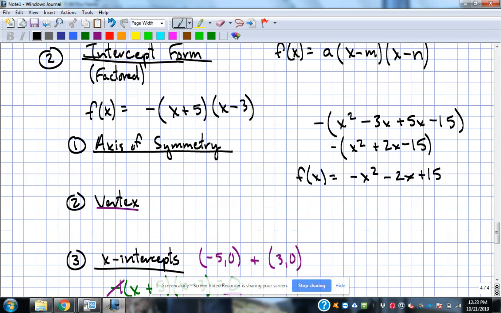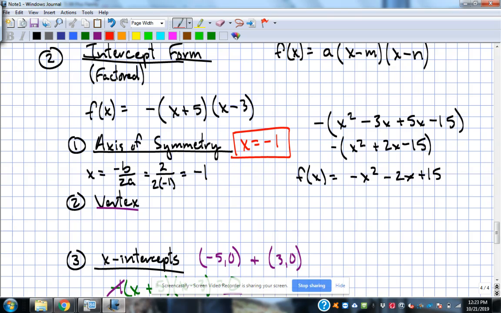So we're taking an intercept form and making it standard form so that we can use this little quick formula, -b/2a, to get the axis of symmetry, which would be +2 over 2 times -1, which would be -1. So the axis of symmetry is x equals -1.